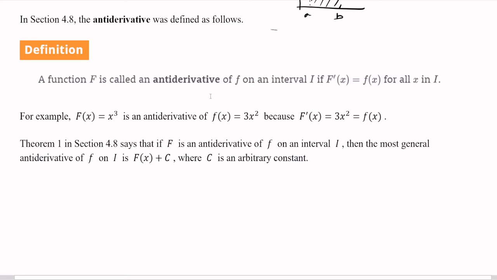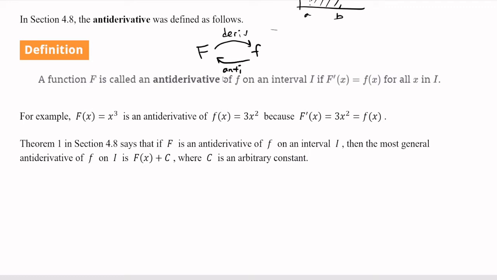Remember, we can draw this little diagram. You have big F, little f, and to go from here to here, you take the derivative. To go backwards, we take the antiderivative. So we are usually given little f, and we figure out a big F that fits the diagram. That's how you've done antiderivatives up to this point.